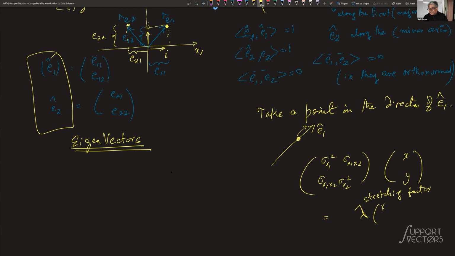Of one y1, right? So you can say that sigma of x, y is nothing but a stretching of the point, right? And the lambda one along. So when x, y... well, I shouldn't use the word x, y, sorry, x1, x2.